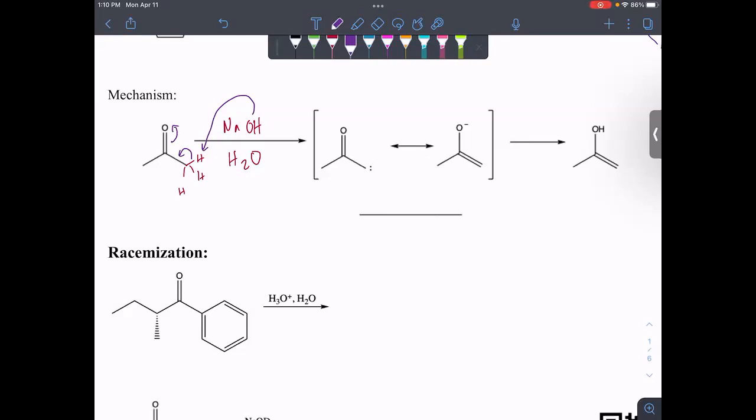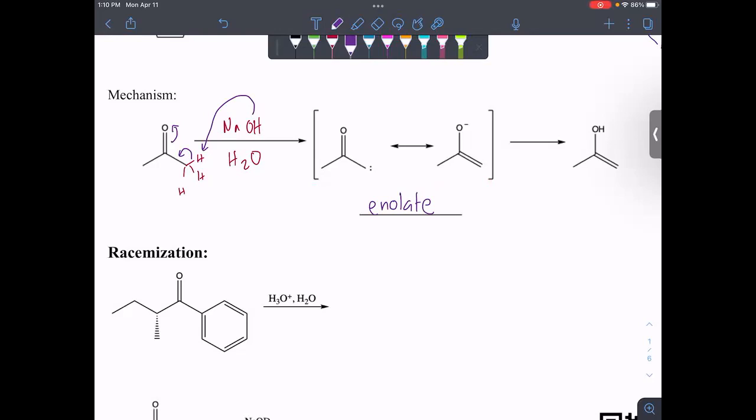Once you've deprotonated it, you technically have a lone pair on the alpha carbon because the electrons from the hydrogen-carbon bond broke and now they're stuck on the carbon. In this intermediate, it's called the enolate. So whenever you're going from keto to enol, you have your enolate intermediate, which is the ion.